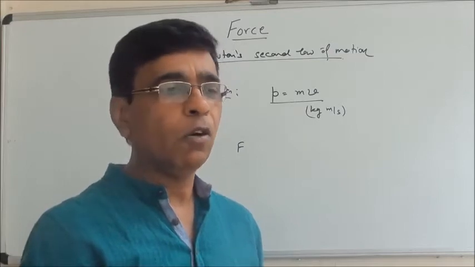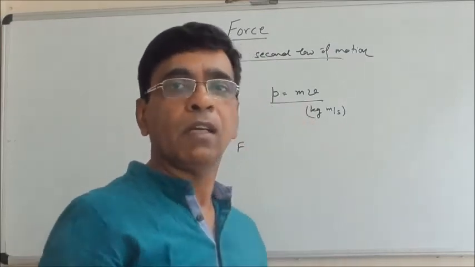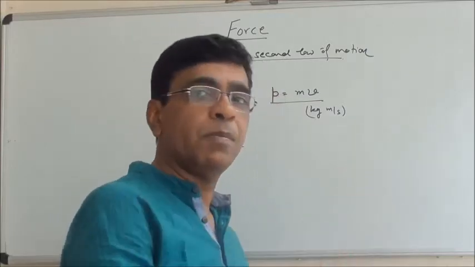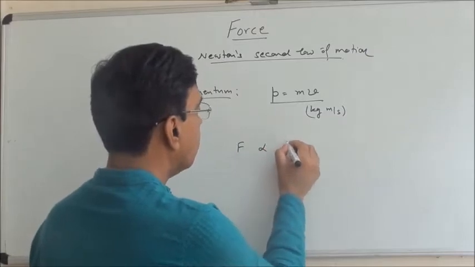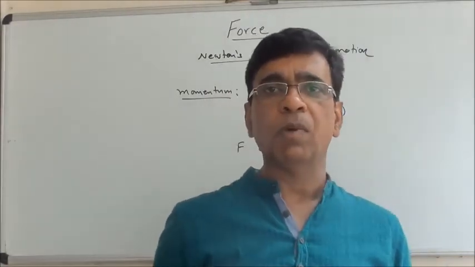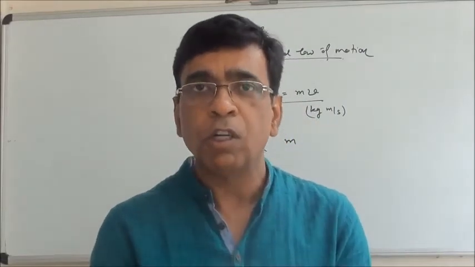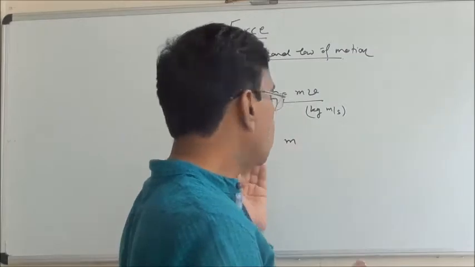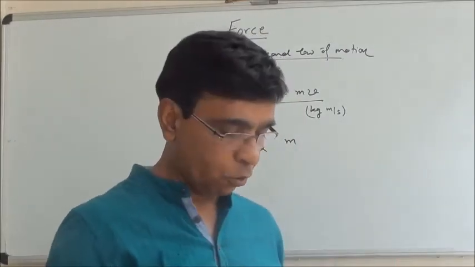You need a very, very large force to stop a moving truck, even if it has the same speed. So it means it will depend on mass. What the mass of the body is will determine how much force we need to apply to accelerate it or to retard its motion.